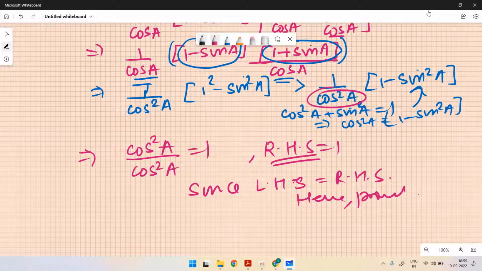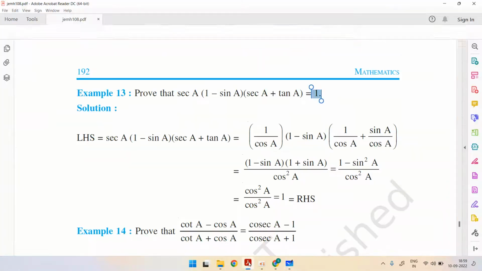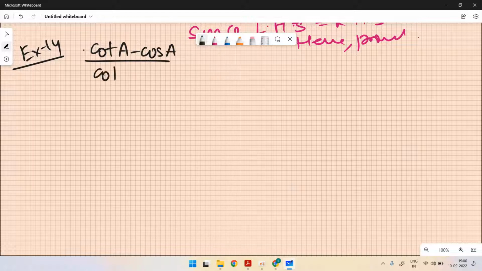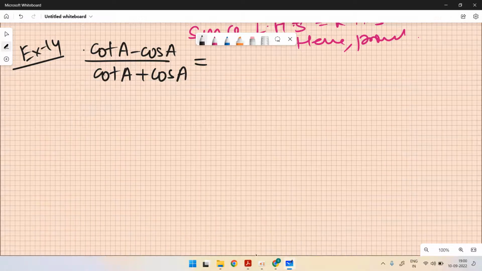So this is example number 14. It says cot A minus cos A by cot A plus cos A equals cosecant A minus 1 by cosecant A plus 1.